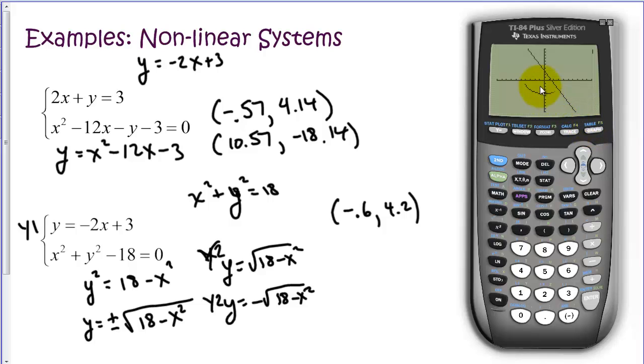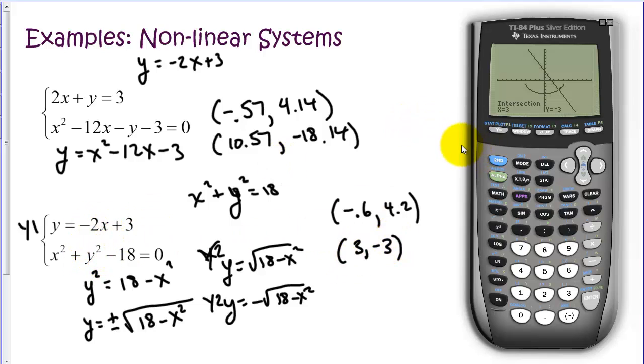And notice that gives us the bottom half of our circle, so now we can find this second intersection. So second calc 5, move it near that intersection, and press enter, enter, enter. So our second solution is at 3, negative 3. So these are our two solutions to this system of equations.